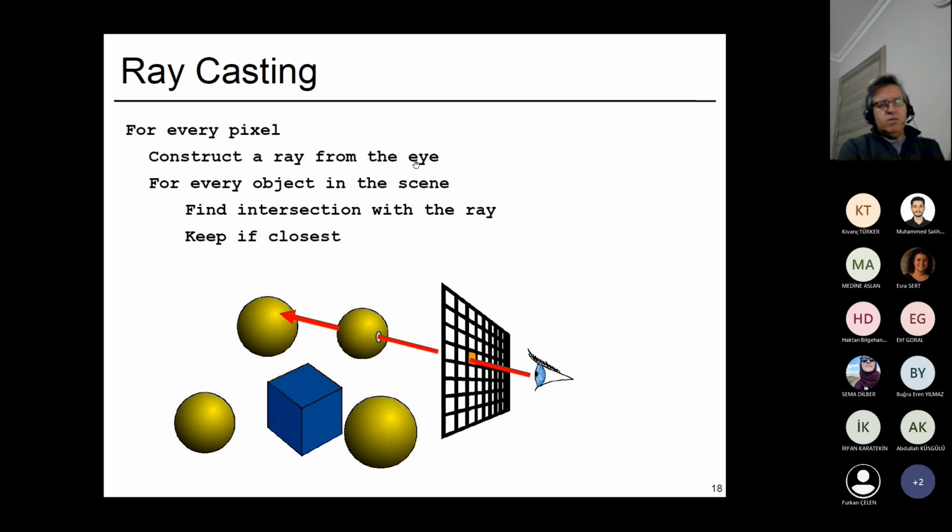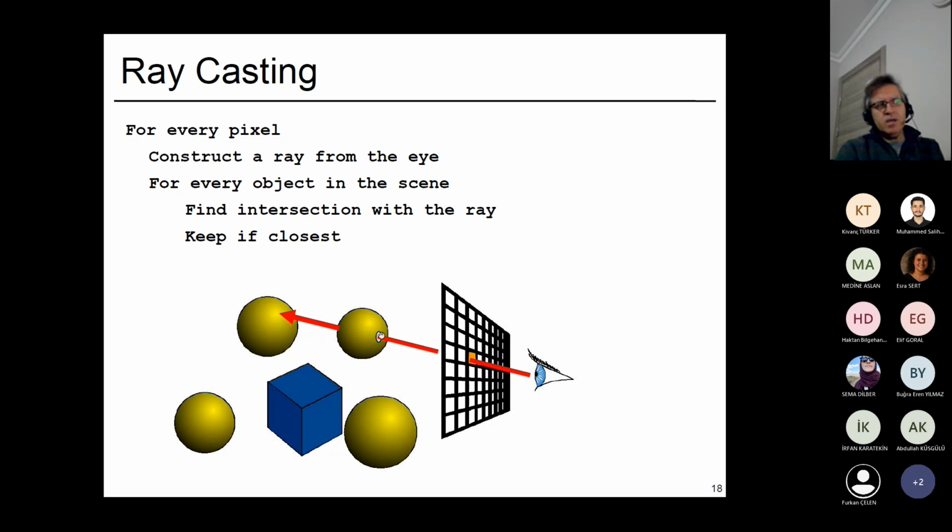So we construct the ray from the eye, and then for every object in the scene, we find the intersection with the ray. We look at the scene. We say, okay, in this case, we have 5 objects in the scene, and we look at each object and say, do you intersect this, or does this ray intersect that object? Yes, no, no, no, yes, right? So we have all these. And then what we do is we get the closest object to the eye as our contributing pixel.